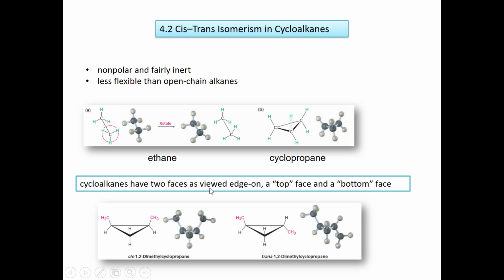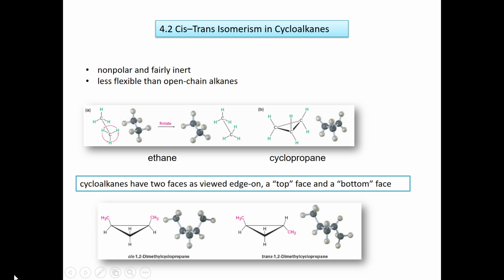Cycloalkanes have two faces. Here you can see we have a face over the triangle and a face in the bottom of the triangle. And we can put the substituents up or down. And this up or down cannot be transformed by a rotation. We cannot rotate this angle in order to put this up. If we rotate this angle and we put this up, we break these bonds.